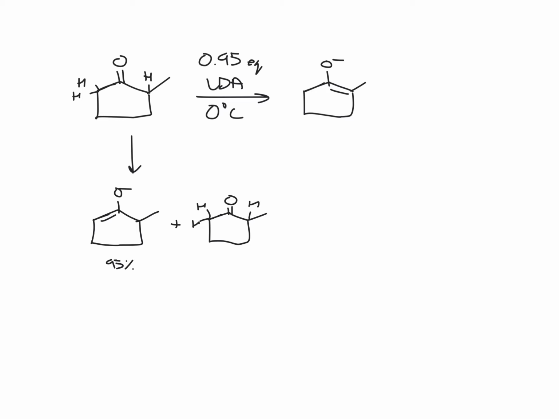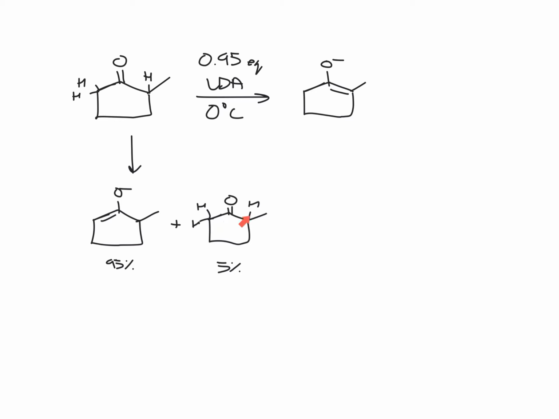Now, had all of the starting material been converted to this enolate, we wouldn't be able to establish an equilibrium. The proton over here is no longer acidic once you've deprotonated from the other side of the carbonyl group. This proton over here is not as acidic as it was in the original starting material.